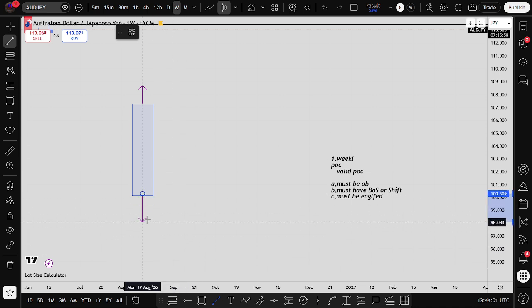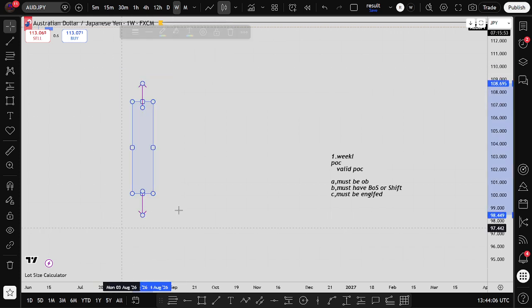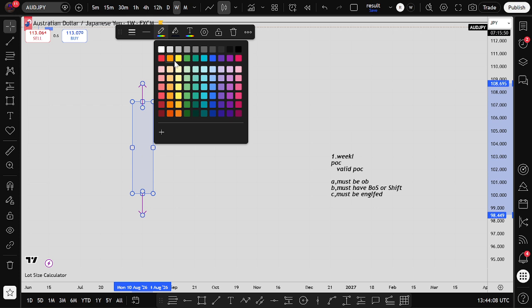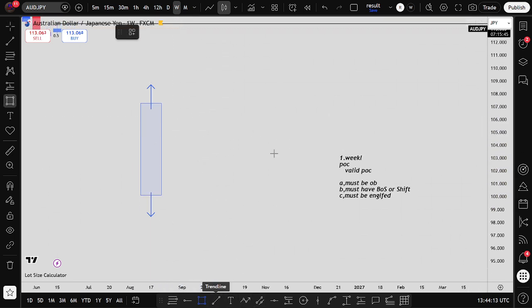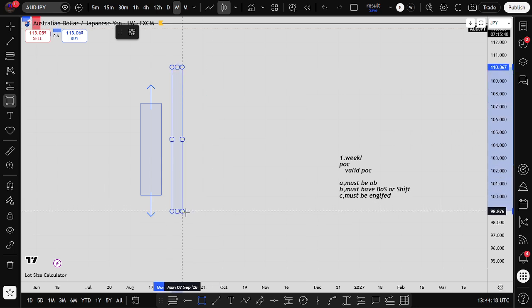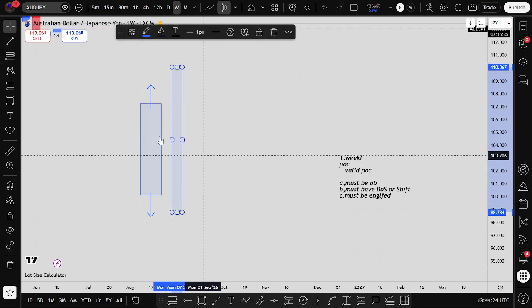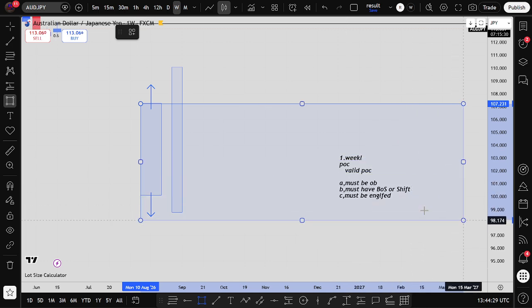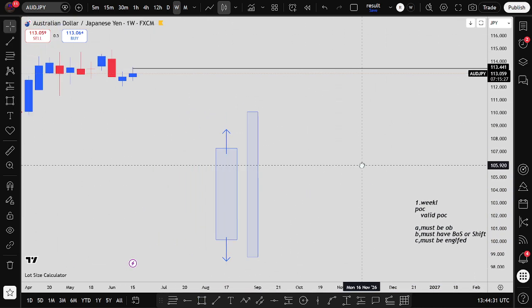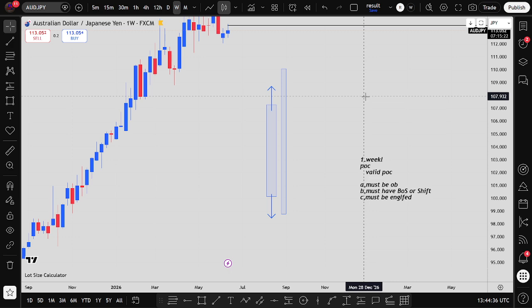Here we have a rig like this, and then another candle over here, and these two will have a rig. You can see that this candle is engulfed. So assuming this is an OB, and if it's engulfed, then we have a valid order block, which makes it a valid POC, point of consideration.